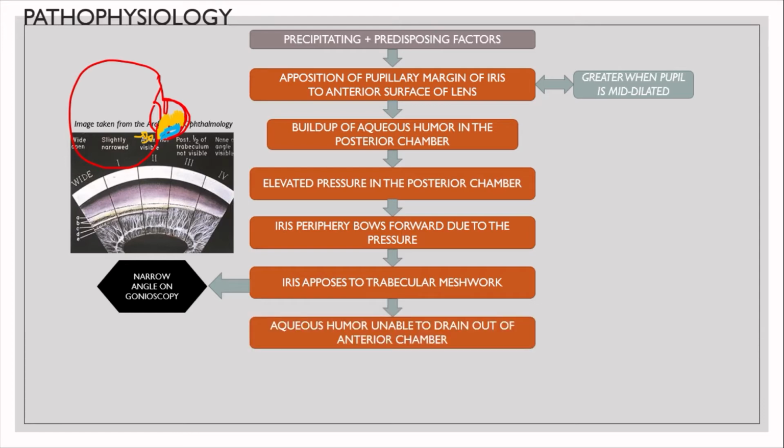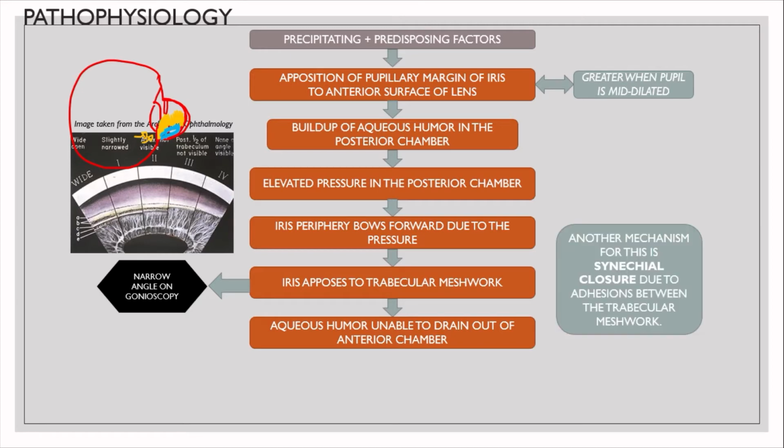And because of this, the aqueous humor is unable to drain out of the anterior chamber. So this is appositional in nature. Another mechanism would be synechial closure due to adhesions of the trabecular meshwork, and that's a whole other pathophysiology.